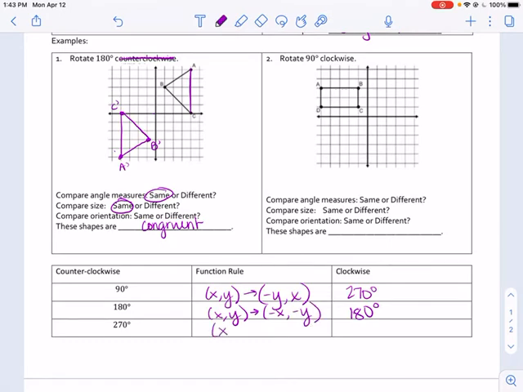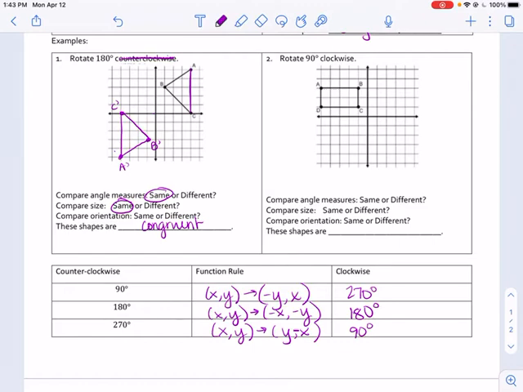And then for 270, it goes (x, y) arrow... The y and the x always swap when it's 90 degrees or 270 degrees, but this one is now going to have the negative on the other coordinate. So you could memorize these and just do it, or you could refer back to them. Or you can just know that if it's 90 degrees, then the x and y swap, and then you can think through which one's going to be negative.